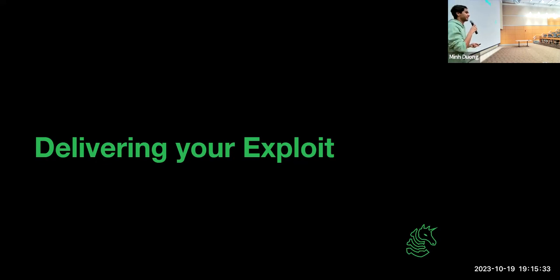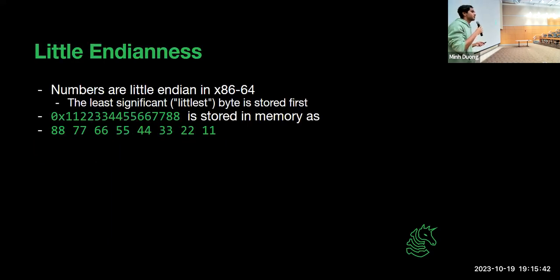All right, now we'll talk about how to actually send your exploit after you figure out what you do. So first, we need to talk about something called endianness. You might have been a little bit confused with the stack smashing slides when we sent the return address, because it seemed like everything was backwards. Well, in x86-64 systems, the least significant byte is stored first in memory.